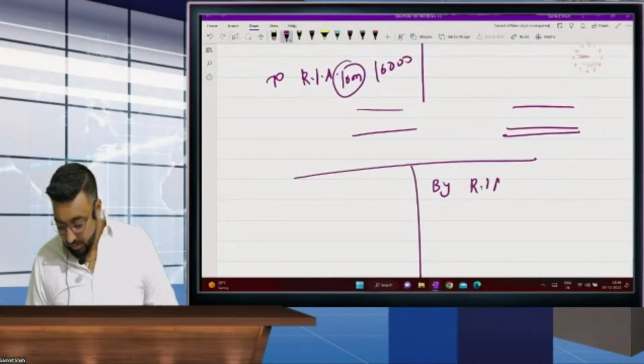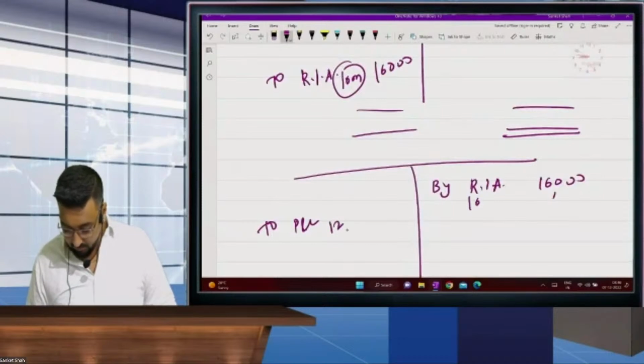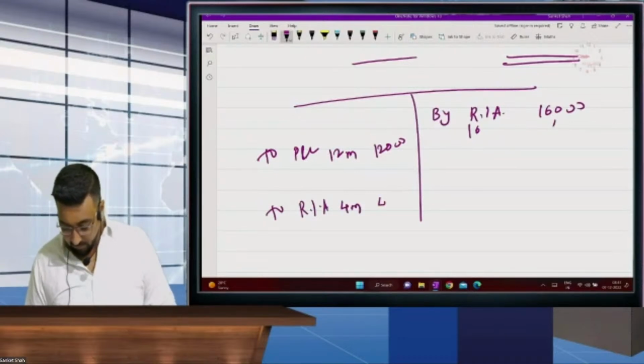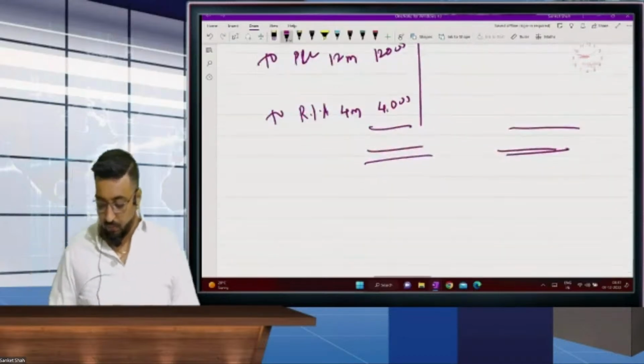By received in advance, 16,000. To P&L 12, 4,000.